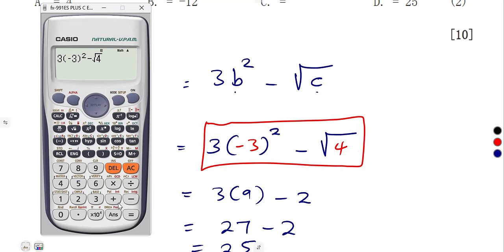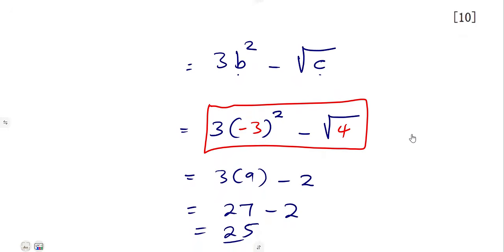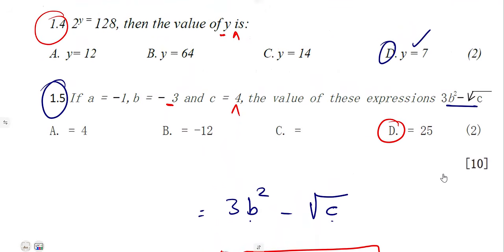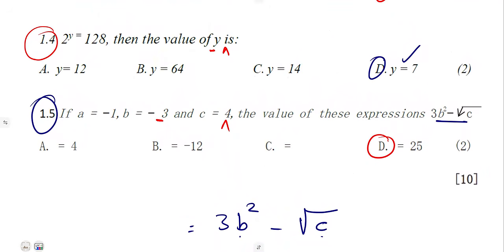Represent it directly on your calculator. That's 25, as you can see. So the best answer is D, where we have 25. That was the first section dealing with the multiple choice for 10 marks.